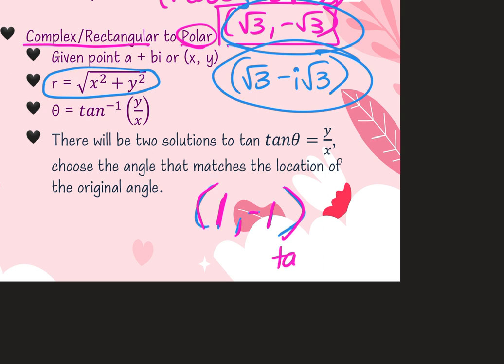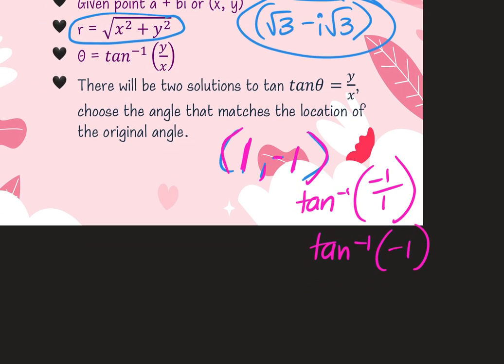I would say tan -1 of y over x, and I'd get tan -1 of -1. And there are two places on my unit circle in which tangent's -1. What are they? Quadrant 2 and quadrant 4, which would be 3 pi over 4 and 7 pi over 4.